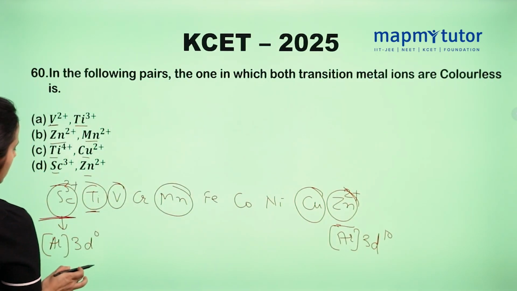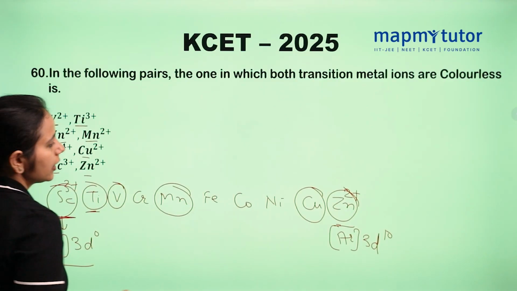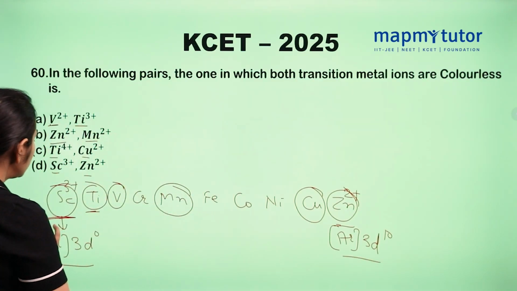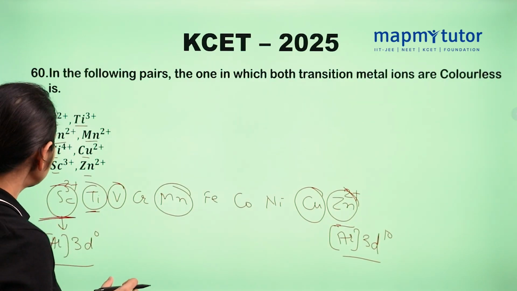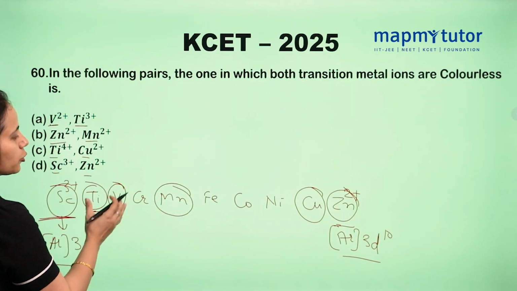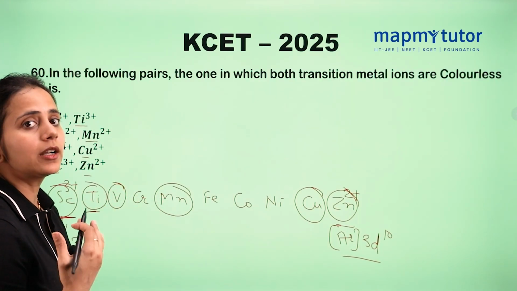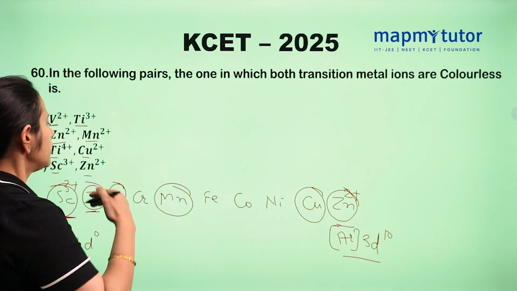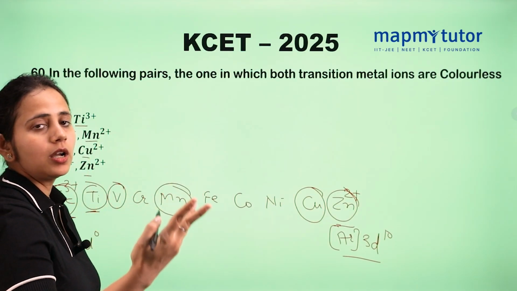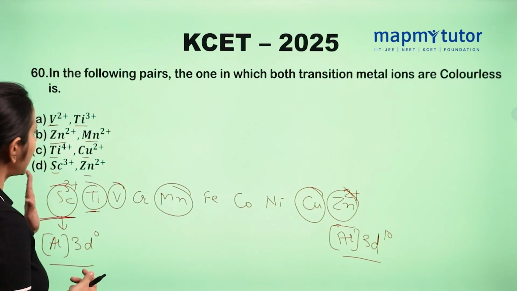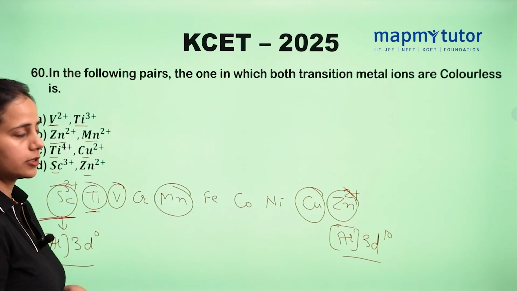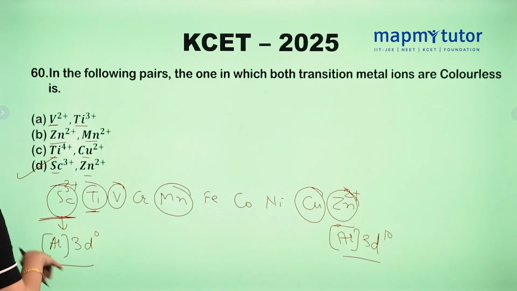So this is zero filled and this is fully filled. Only these two transition metals will be colorless. Apart from them, all must have some electrons in the outer shell, so they will be colored ions. They can transfer electrons from the ground state to higher excited states, and these metal ions will be colored. Only scandium and zinc is the right option. So this D is the right answer.